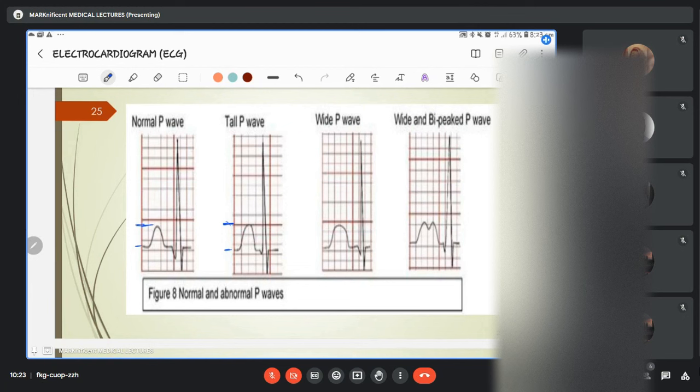And then for the wide P wave, instead of just here to here, like I'm saying for this normal one, here it is from here to here. In the normal, you have 1, 2, 3 boxes, and in the wide you have 1, 2, 3, 4 boxes. And then the wide one is biphasic or bipeaked. This is wide, of course, 1 to 4 boxes covered, and then you have 2 peaks, 1, 2 peaks. So this is just to explain all of those terminologies on these pictures.